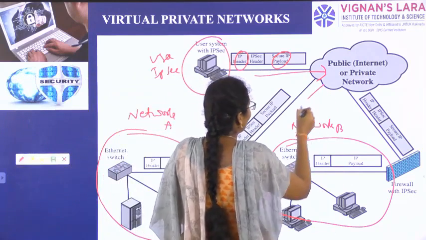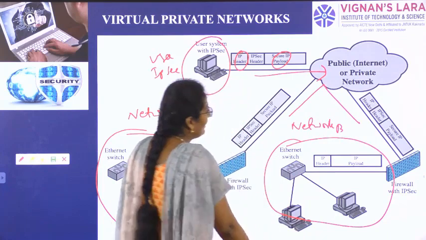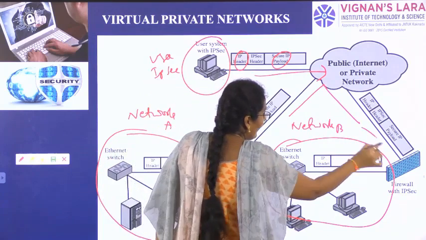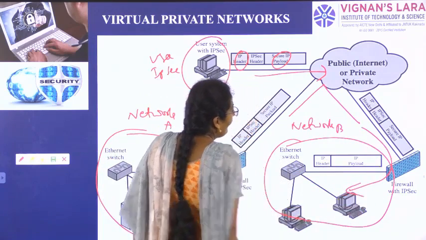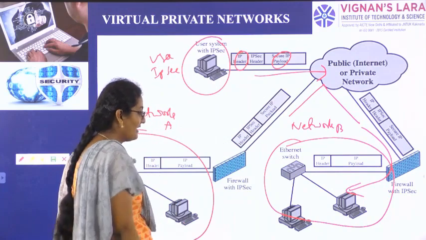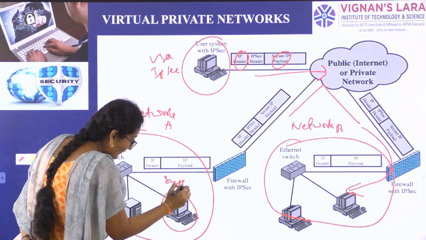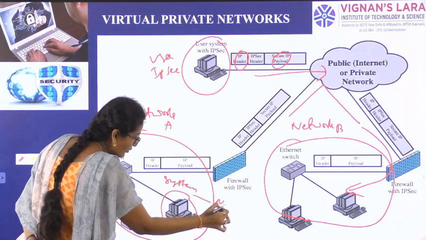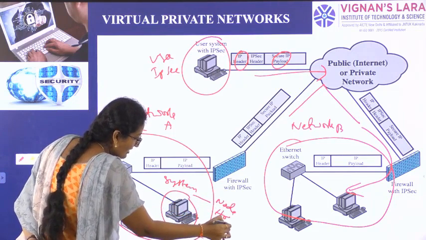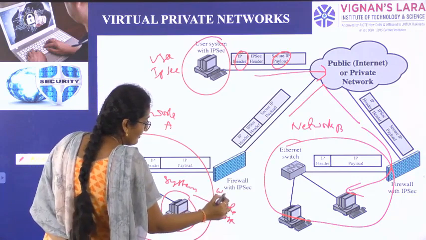From the internet also they will get the IP payload and IP header. Through the firewall, that IP header and IP payload reaches the workstation. A workstation is nothing but a computer. This system is called a node, host or workstation.